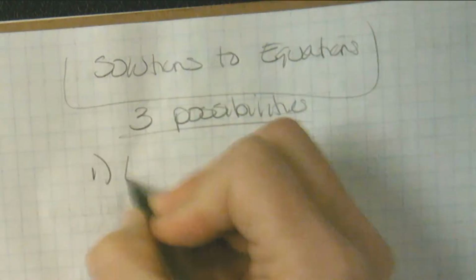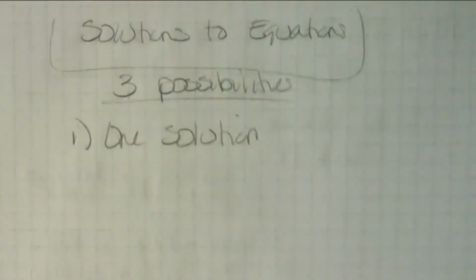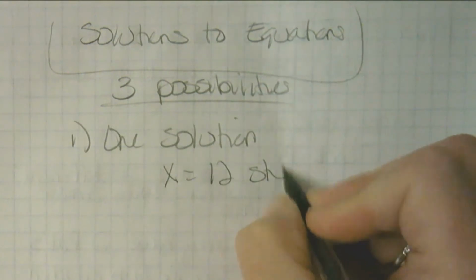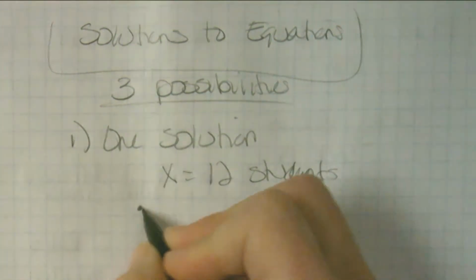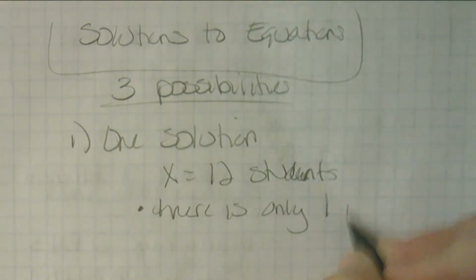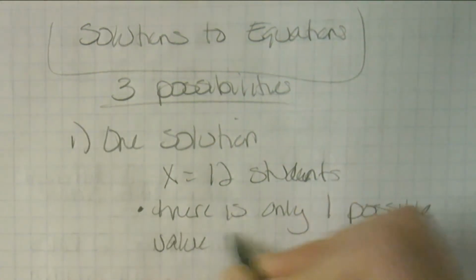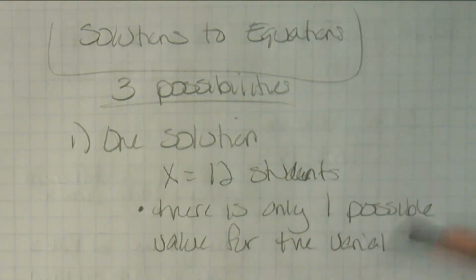Here, one of them is called one solution, and that's what we've been doing. This is when we have x is equal to 12 students. What this means is there is only one possible value for the variable, for the solution.